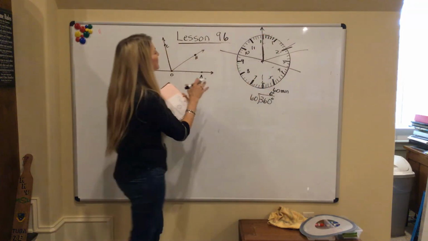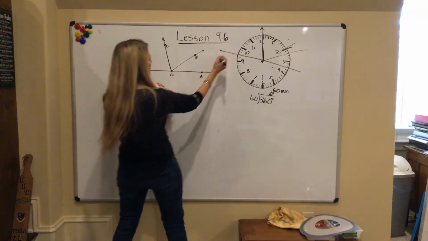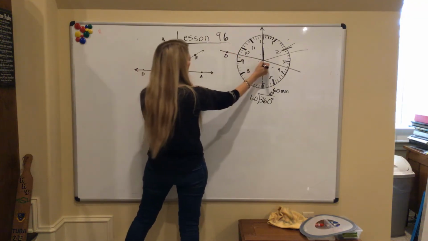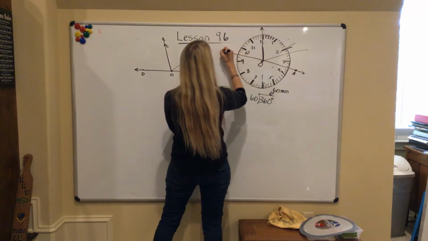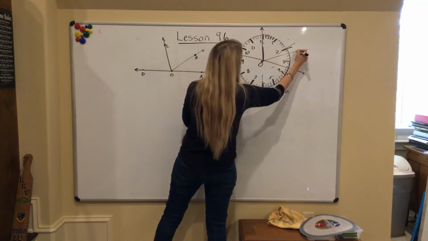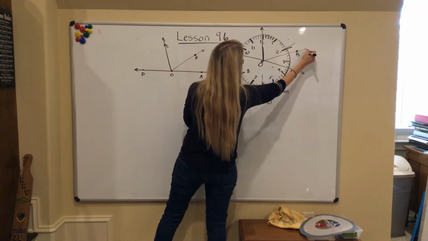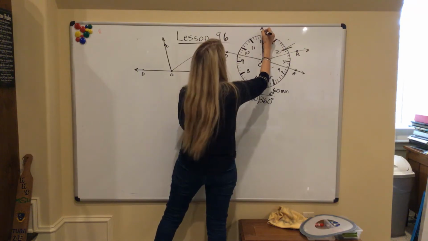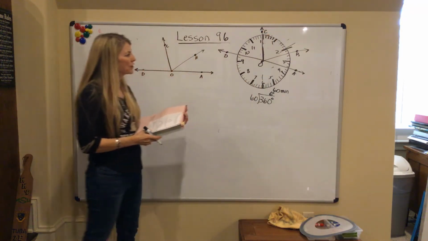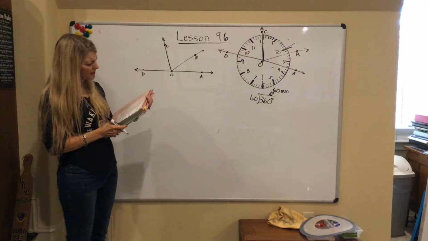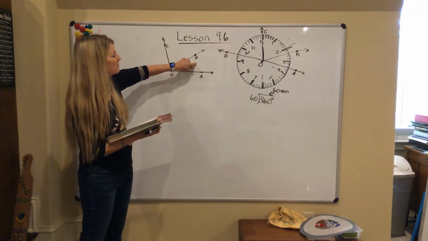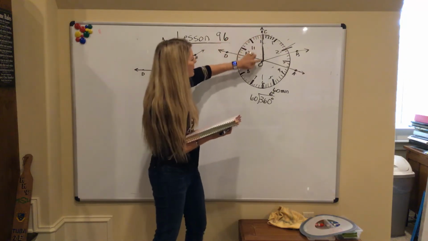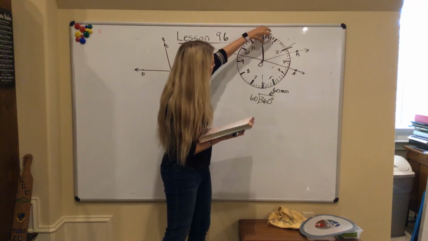So this is D, this is O, this is A, right here would be B, and this up here would be C. What it's asking you to do is look and say, what does it look like angle COB would measure?